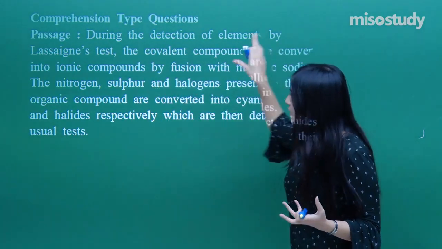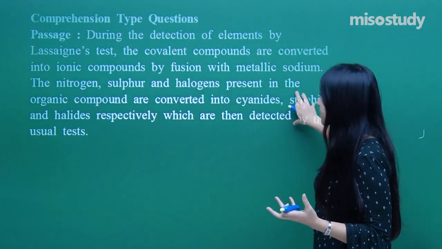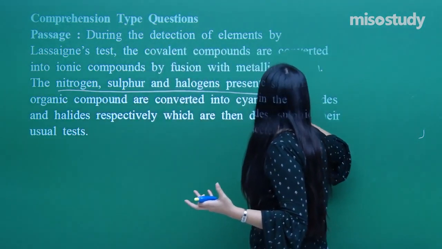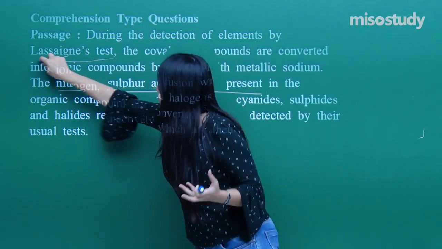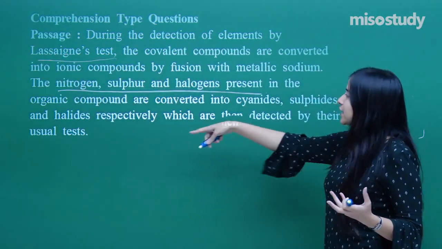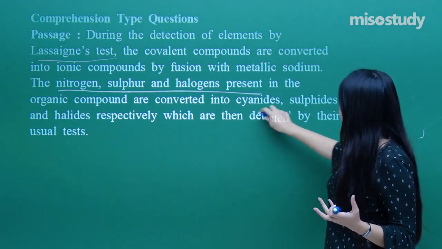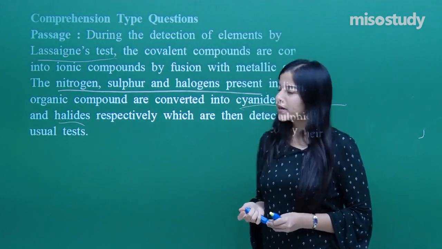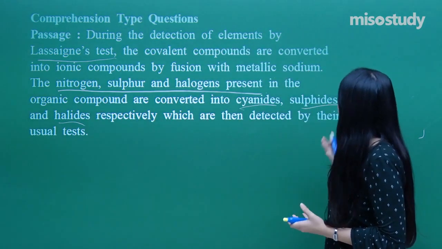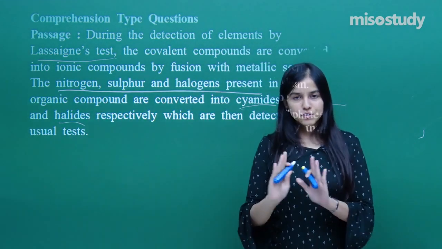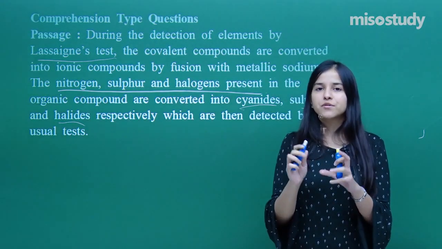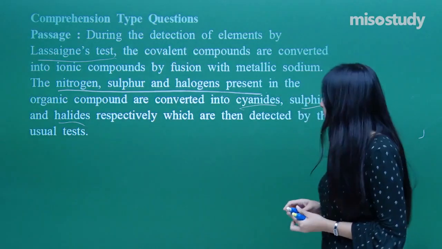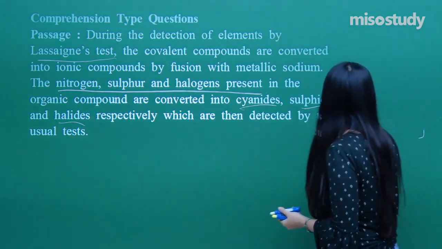The nitrogen, sulfur and the halogens present in the organic compound are converted into cyanides, sulfides and halides respectively. We all know that, which are then detected by their usual tests. So, that is just information about how the Lassaigne extract is formed and what is the use of this Lassaigne extract. I hope everybody gets that.